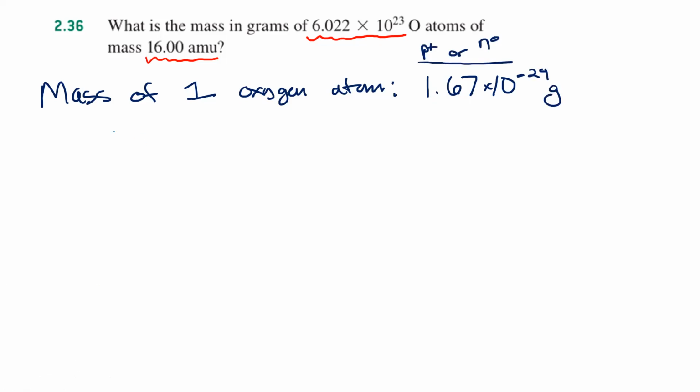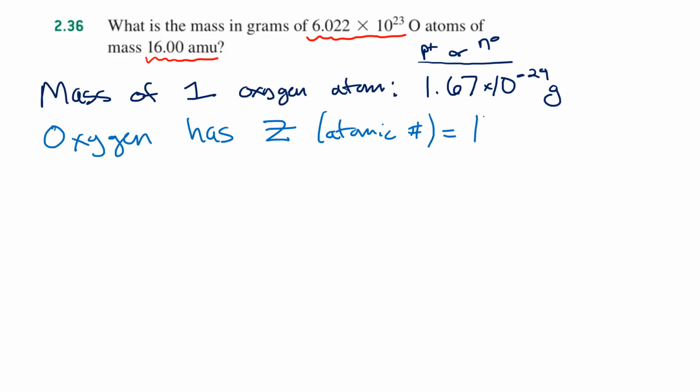Now, oxygen has Z, the atomic number, equal to 16. And when we look at our periodic table, the atomic mass listed, let's see, the periodic table right behind me, there it is.